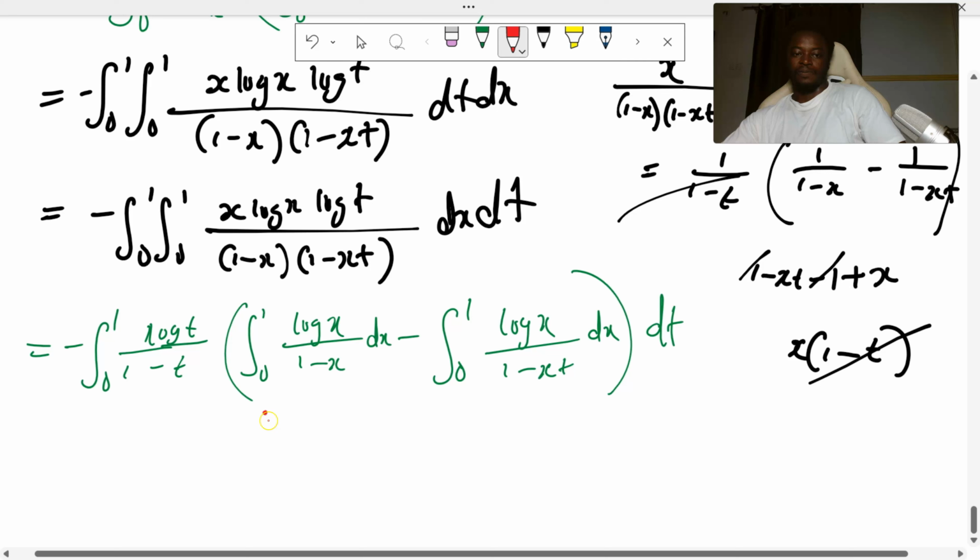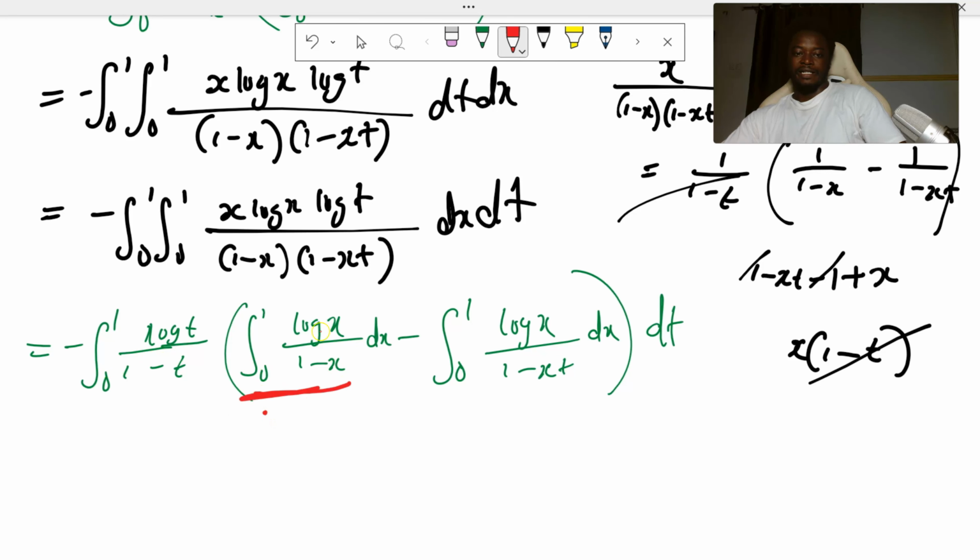For the first one, we will have log x all divided by 1 minus x. Now this is basically equal to negative dilogarithm of 1, because if you exchange x to 1 minus x, you would have the limits remain unchanged, but you would have log 1 minus x all divided by x, for the integral from 0 to 1.